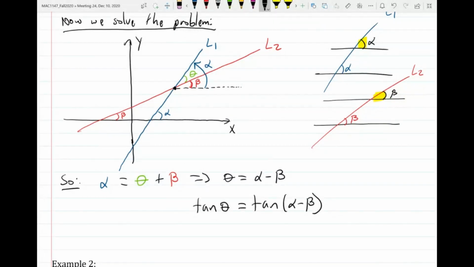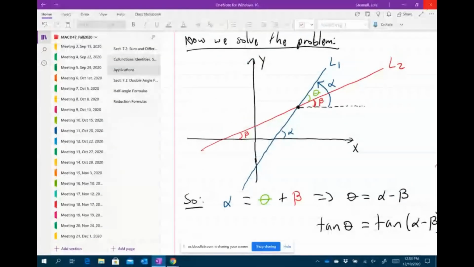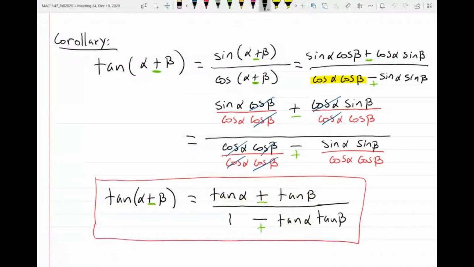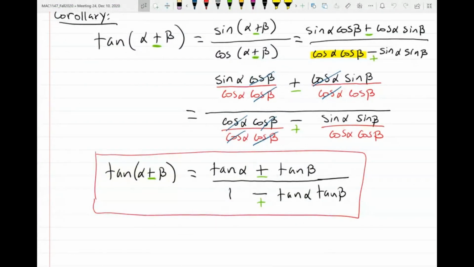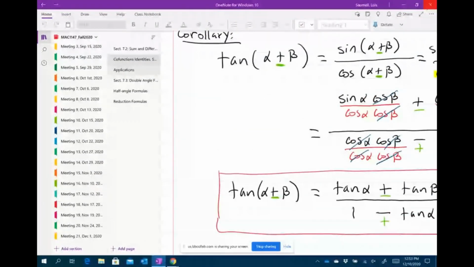And now we can go ahead and use our beautiful formula. What do we know about tangent of alpha minus beta? This was the formula we just proved. So tangent of alpha minus beta is tangent of alpha minus tangent of beta over 1 plus tangent of alpha times tangent of beta.